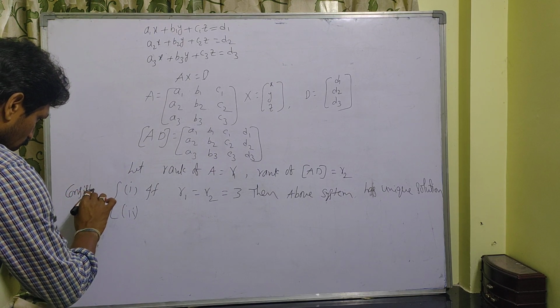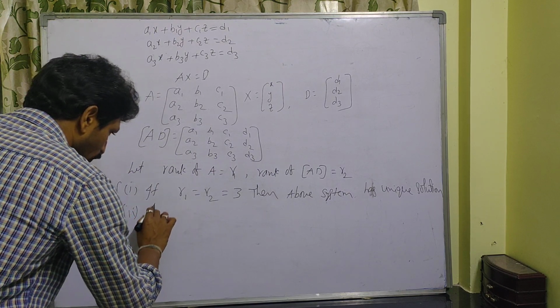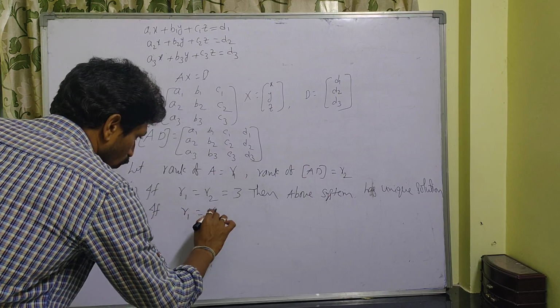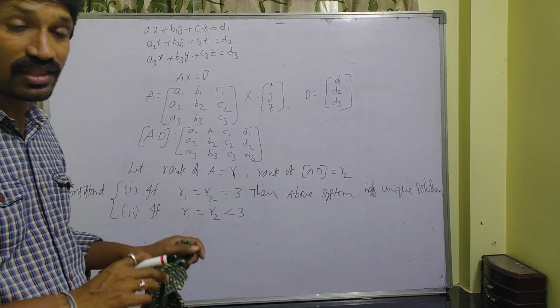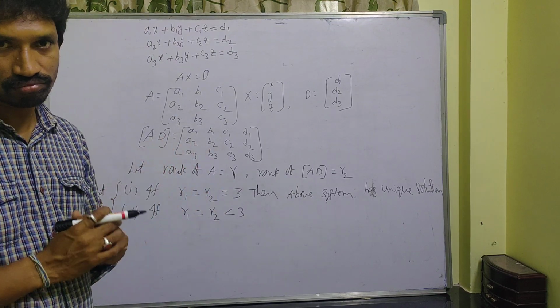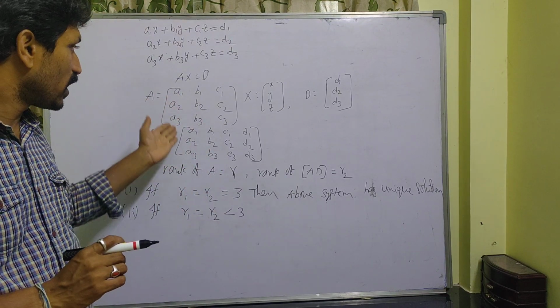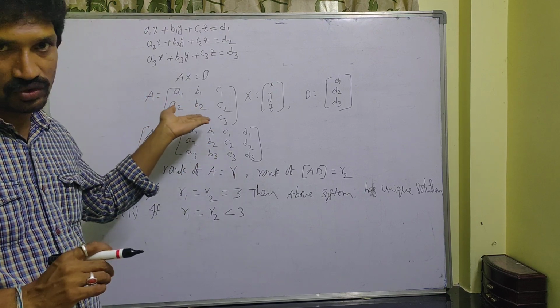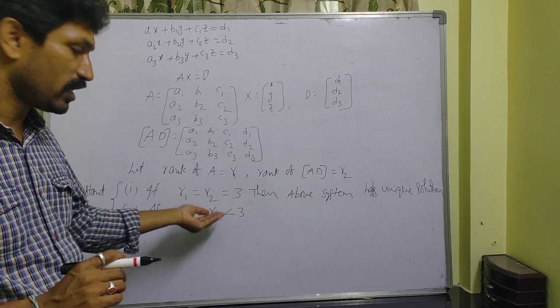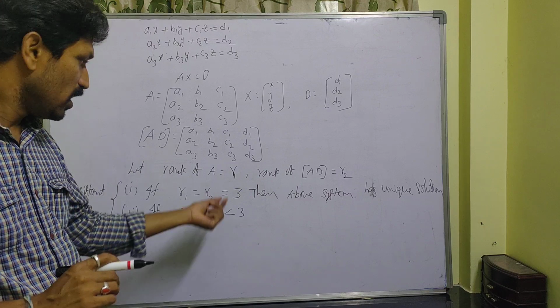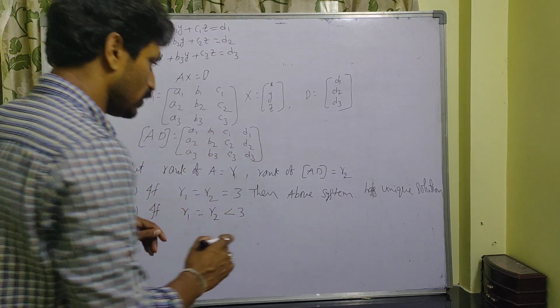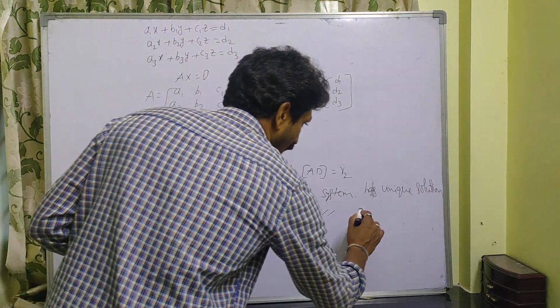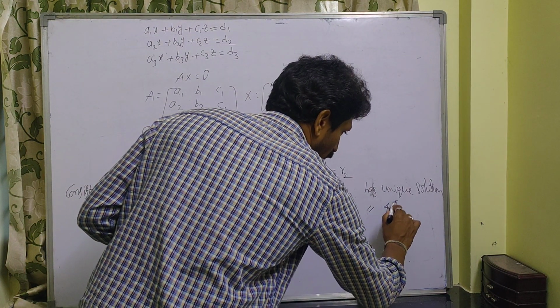Okay. If R1 is equal to R2 and less than 3, not equal to 3, less than 3 means either 1 or 2, because you are counting non-zero rows here, so you get either 1 or 2. Okay, 3 means unique solution, less than 3 means infinitely many solutions. So then the above system has infinitely many solutions.